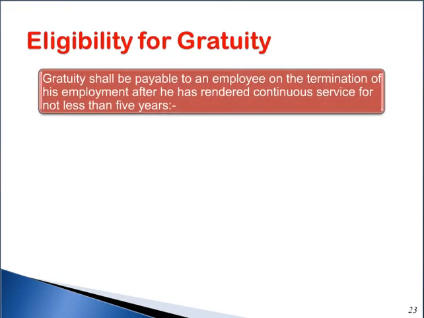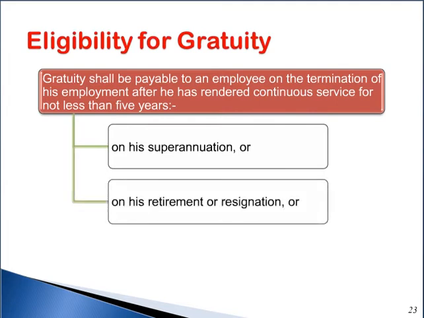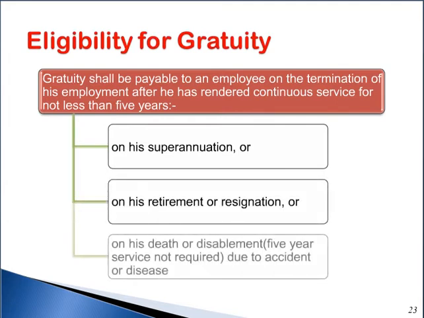The Act states that gratuity shall be payable to an employee on termination of his employment after he has rendered continuous service for not less than 5 years, on his superannuation, or on his retirement or resignation, or on his death or disablement. In this case, 5 years of service is not required due to accident or disease.